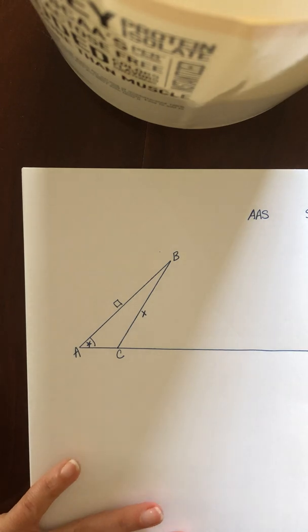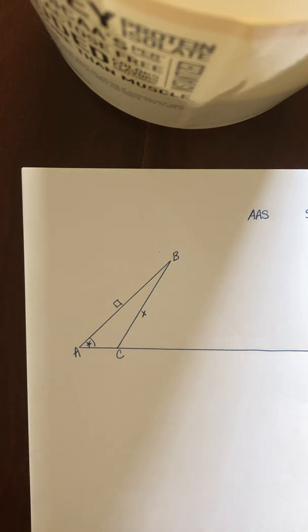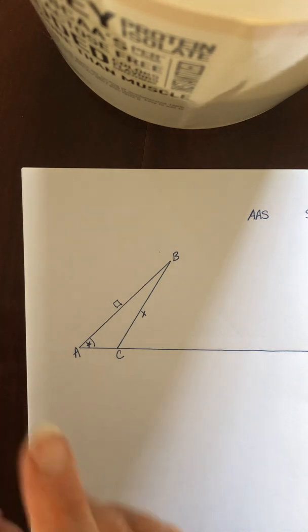I'll try and show you perhaps why they can't be congruent, but then knowing why they can't be congruent would also show you why you could perhaps have a two triangle situation with this case.